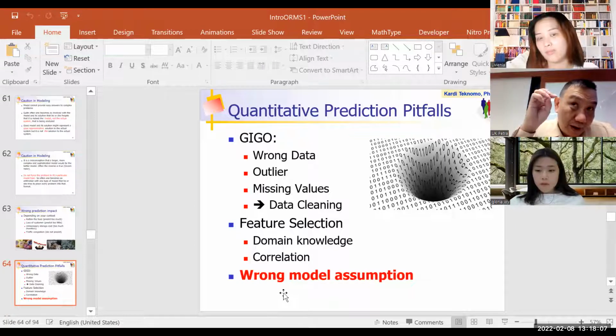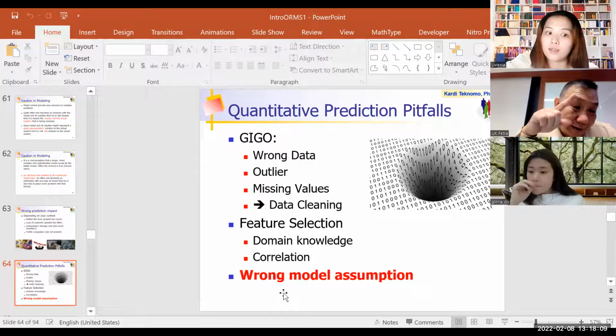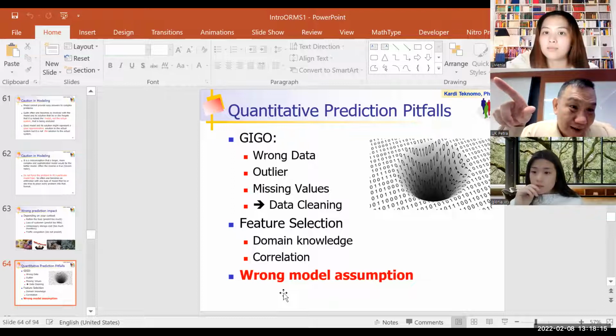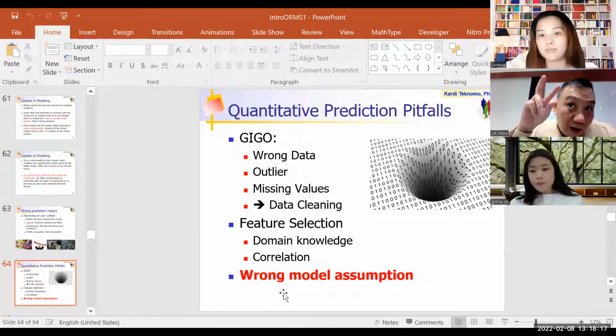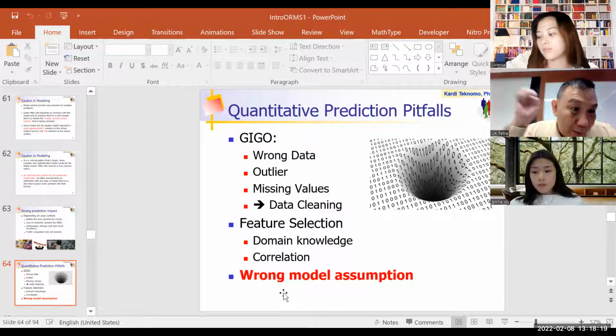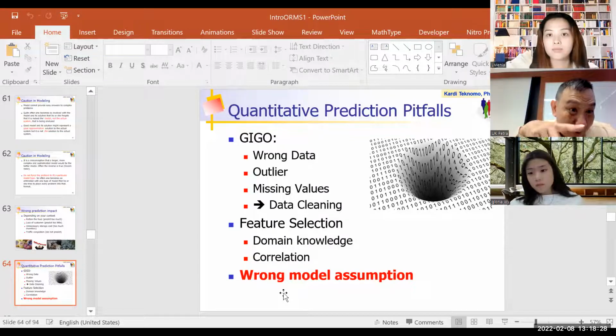Say price is actually equal to revenue minus cost. Revenue and cost are independent, but the price and the revenue and the cost are correlated, because price is equal to revenue minus cost.